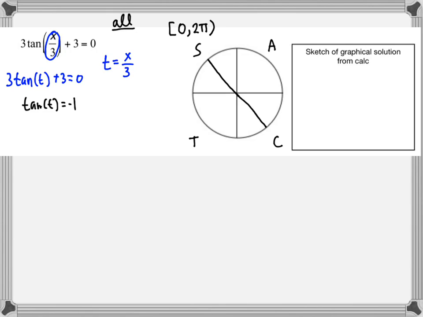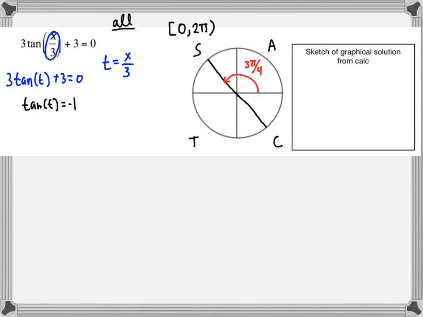Because we know that the tangent of 45 degrees is 1, or the tangent of pi over 4 is 1, it is going to want to be negative in quadrant 2 or quadrant 4, as we studied before. So the first angle that is going to give us one of our solutions is 3 pi over 4.